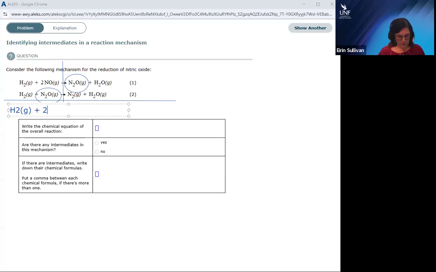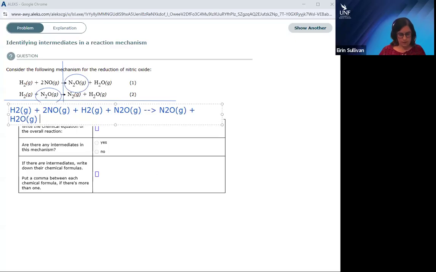So H2 plus 2NO gas plus H2, I'm going to tidy up in a minute, plus N2O gas. And then everything on the right-hand side: N2O gas plus H2O gas plus N2 gas plus H2O gas.